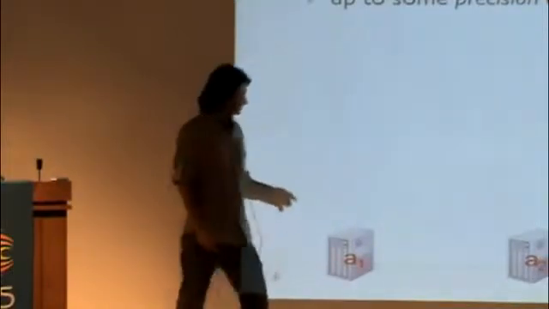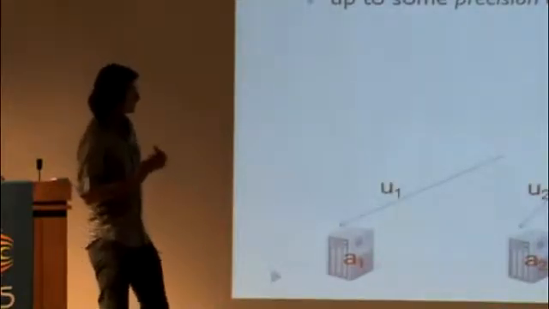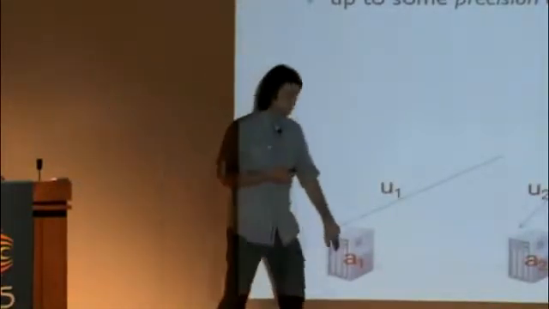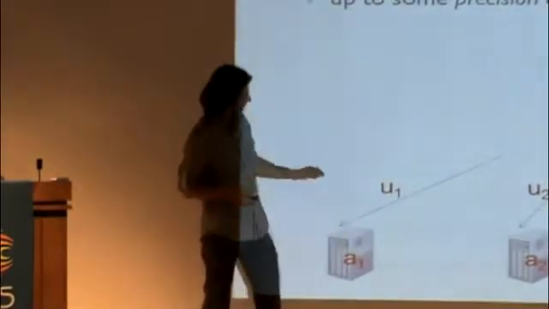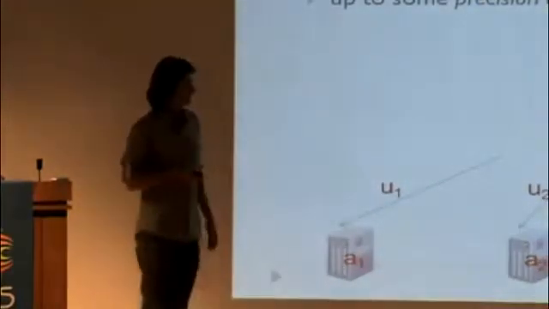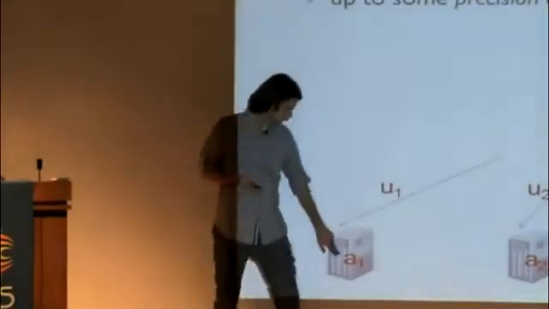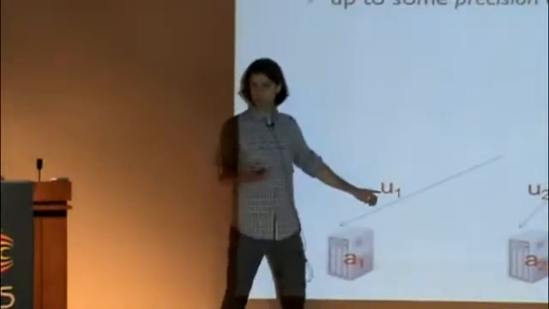Now what it does, rather than just getting a subsample of them, it will want an estimate for each of them, but for different precisions. So it picks some numbers U1 up to UN, and it tells the computer, tell me this number A1 up to precision U1. So U1 is some number, say 0.01.